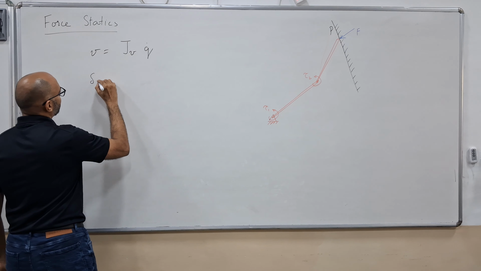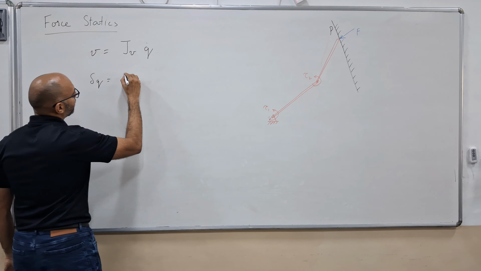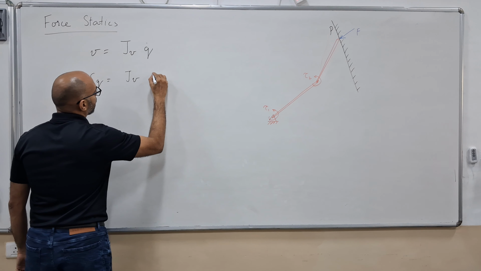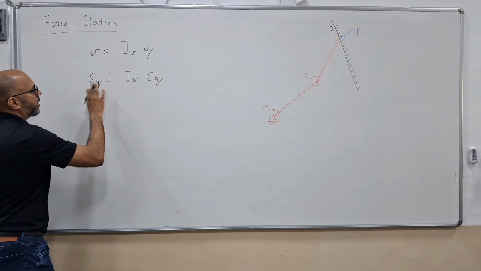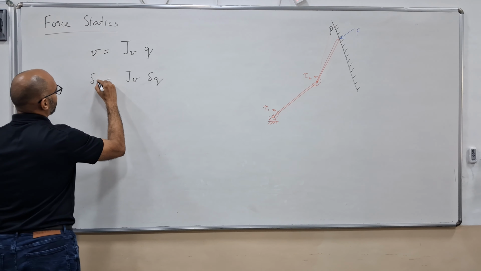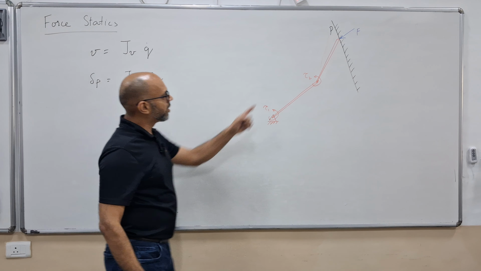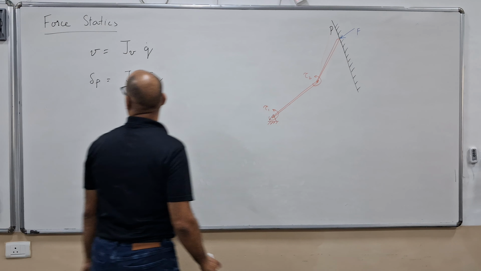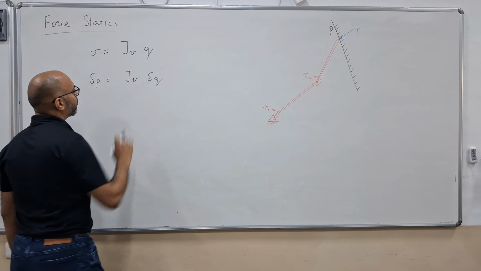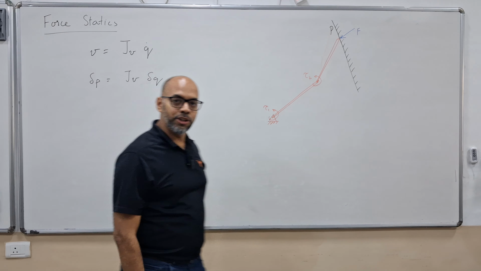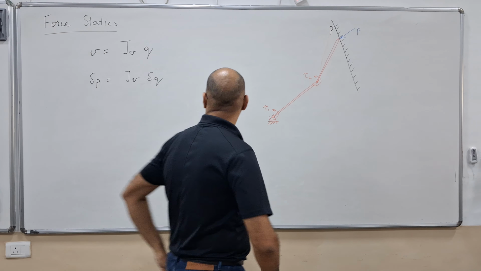This is also true in the differential form, where I can write delta p, which is the change in the coordinate of p, is equal to Jv times delta q, which is the change at the joints.